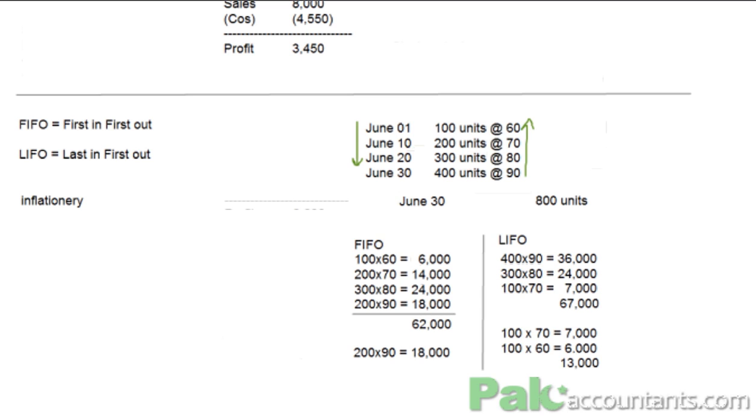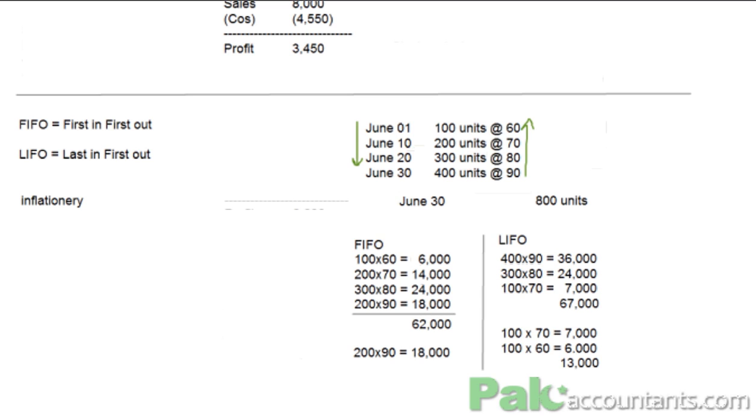But in the same economy, for the same situation, if you are following the FIFO method, the less expensive units will be issued to production hall, so your cost of sales will be less. And your value of closing stock will be more because it will be based on latest higher prices. And higher closing stock means higher profits.